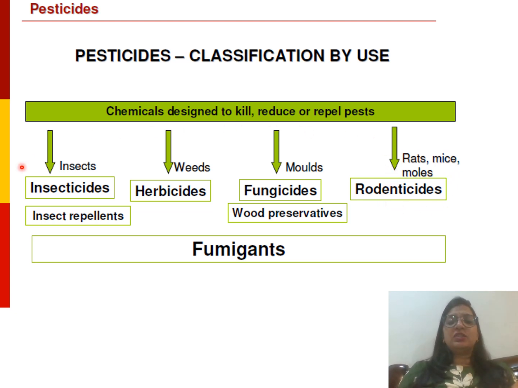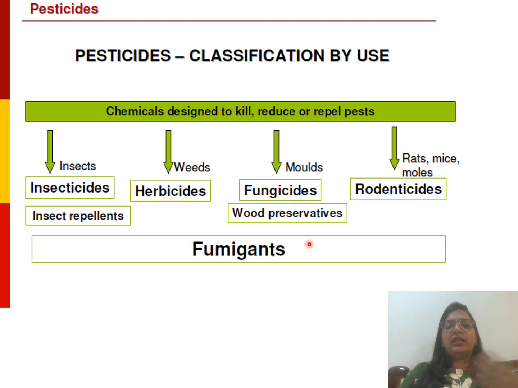These are the major categories, but we can also divide pesticides on the basis of their target. Suppose we want to kill termites, then such pesticides are known as termiticides.